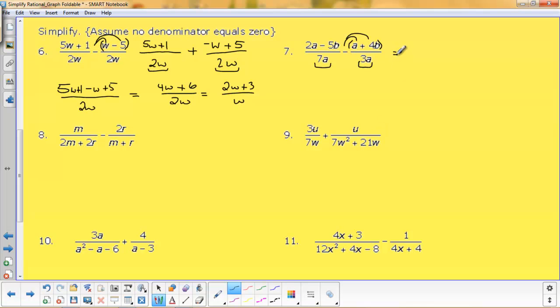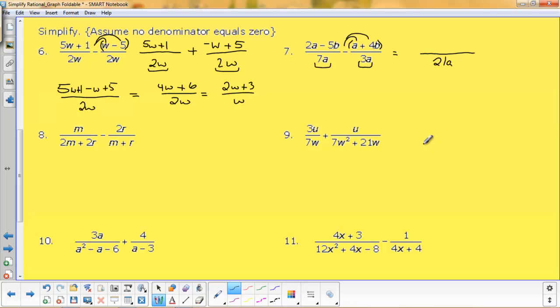Now this is the way that I like to tackle addition and subtraction of rational expressions. I write an empty fraction bar, and then I figure out what my common denominator is going to be. In this case, the common denominator is going to be 7 times 3, which is 21. So 21a is my common denominator.